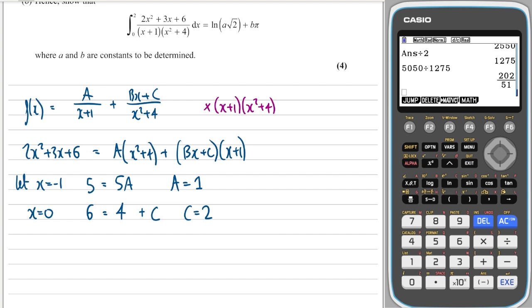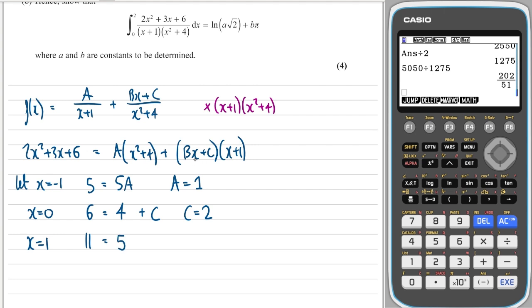And then finally you can pick just any value of x to find the final term. I'm going to go x equals 1 because it's the easiest to sub in, and that's going to give me 2 plus 3 is 5 plus 6 is 11. I'm going to get 5a, so that's just 5.